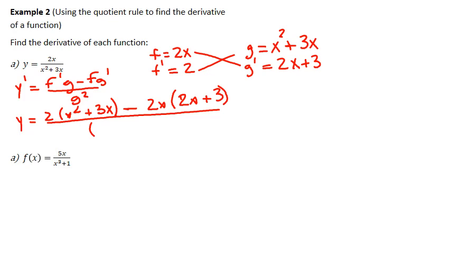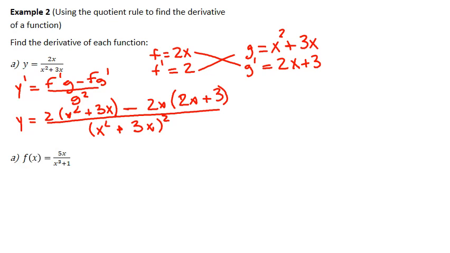I'm not going to square that out. So normally, you don't have to simplify from here. You may leave your answer this way.